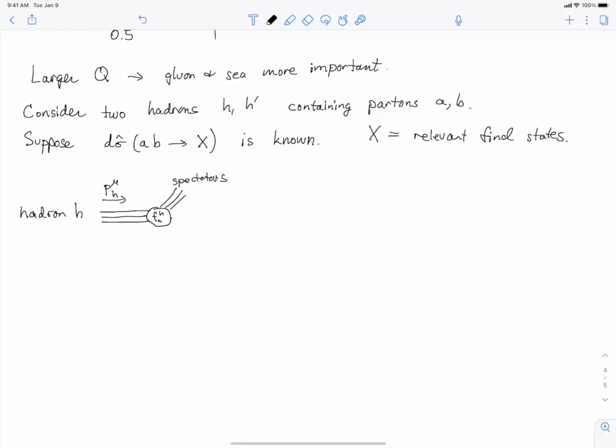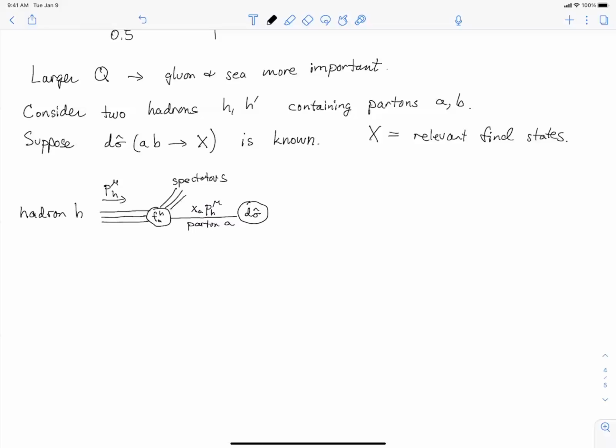So now we've selected one of the partons, and that's going to participate in our hard scattering differential cross-section. So we know its momentum. It's x sub a, the momentum fraction, times P_H^mu.